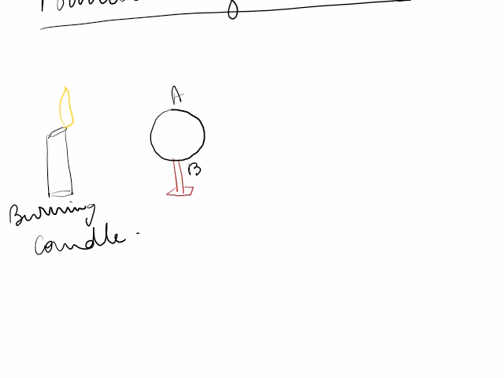So now what is happening? Light rays from the candle are coming like this. All light rays are coming and falling on the object, but because this object is an opaque object, it does not allow the light to pass through it.